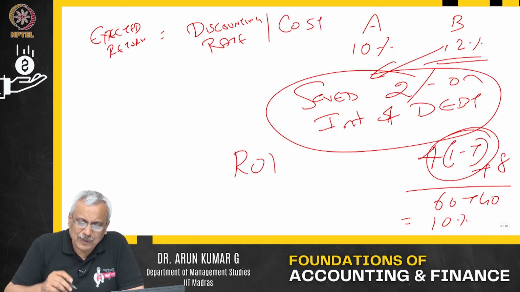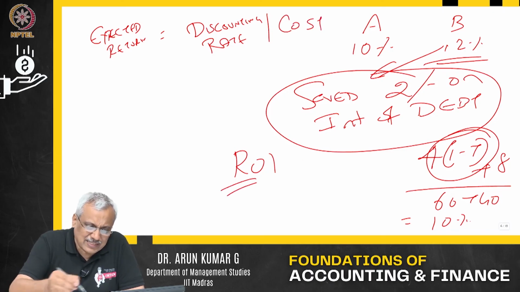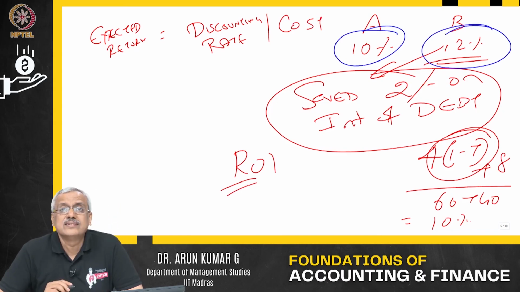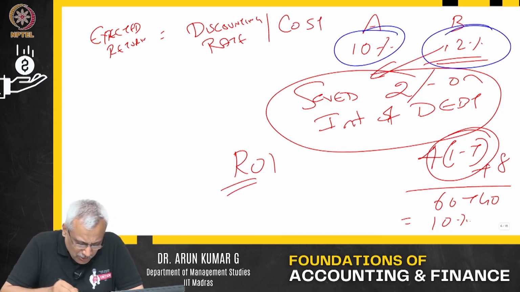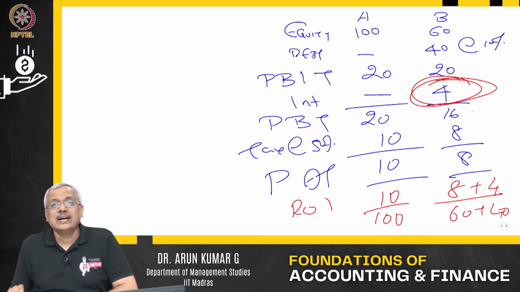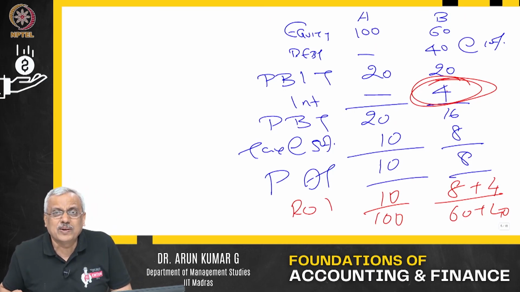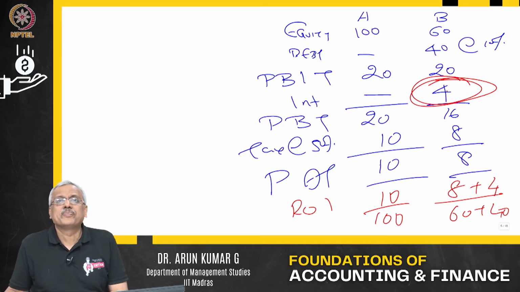The total expected return on investment in this case is only 10%, in this case is it 12%? Because you have debt in the firm, does your expected return increase by 2%, expected return go to 12%? Need not be.